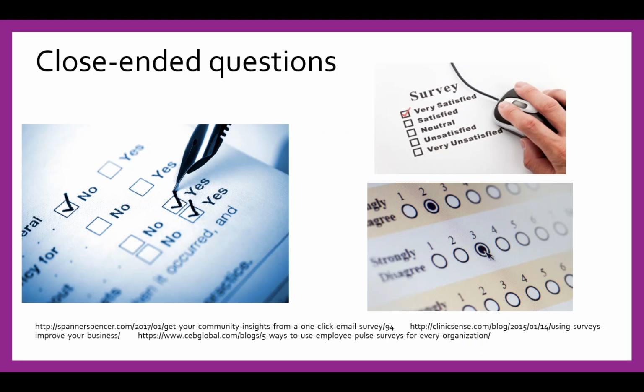In other words, closed-ended questions can bias people into giving a certain response because there's a list of suggested answers in front of them. And what these might do is suggest to the respondent the answers you're looking for. So people may be directly or indirectly influenced by the questions.